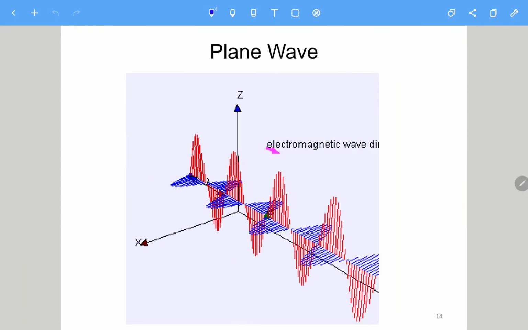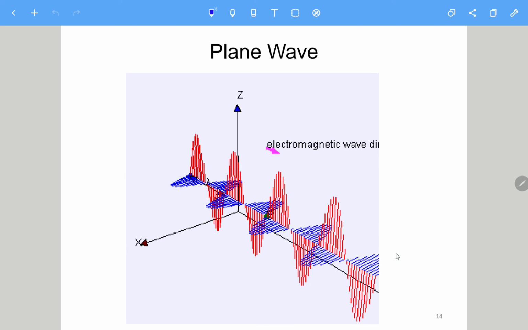Before, this was animated, but I converted it to a PDF, so we cannot move it. But actually, suppose this is the EM wave direction from top left to the bottom right.